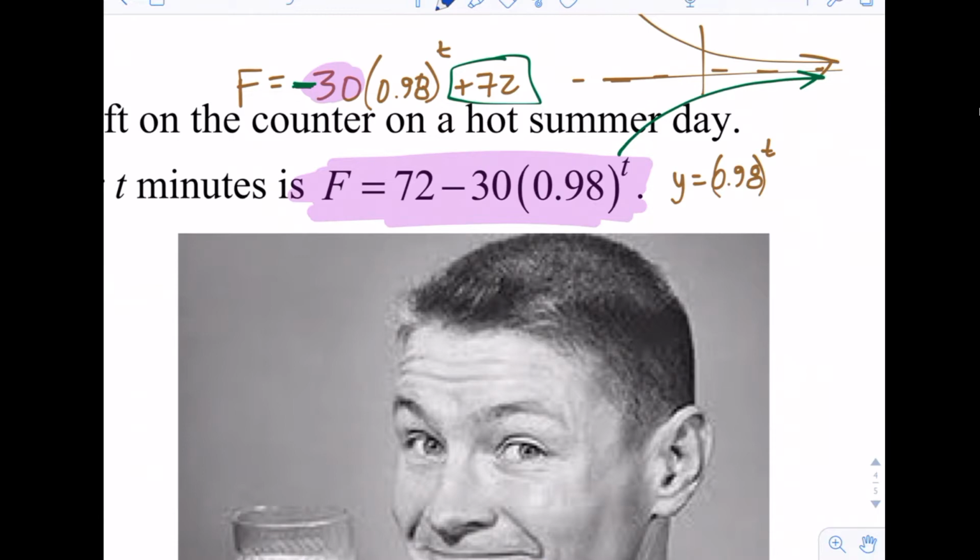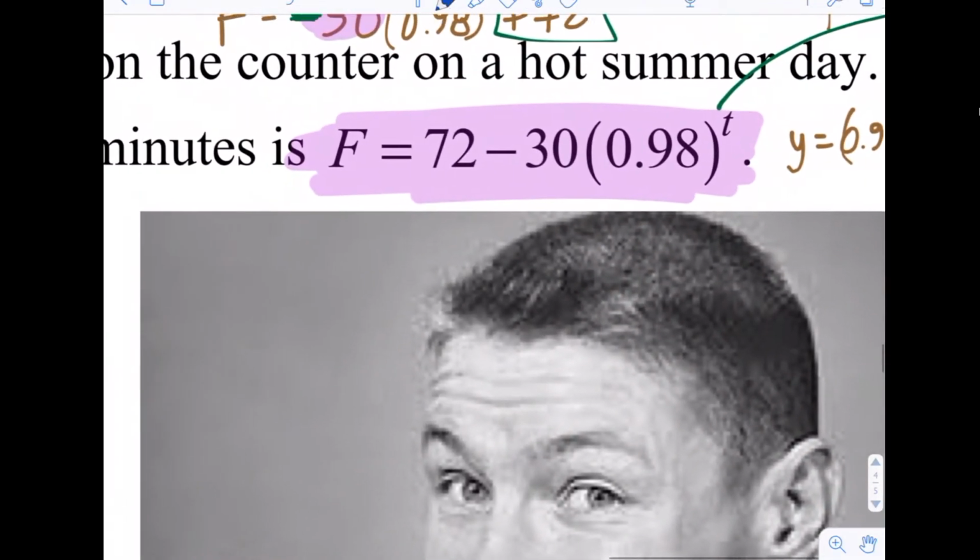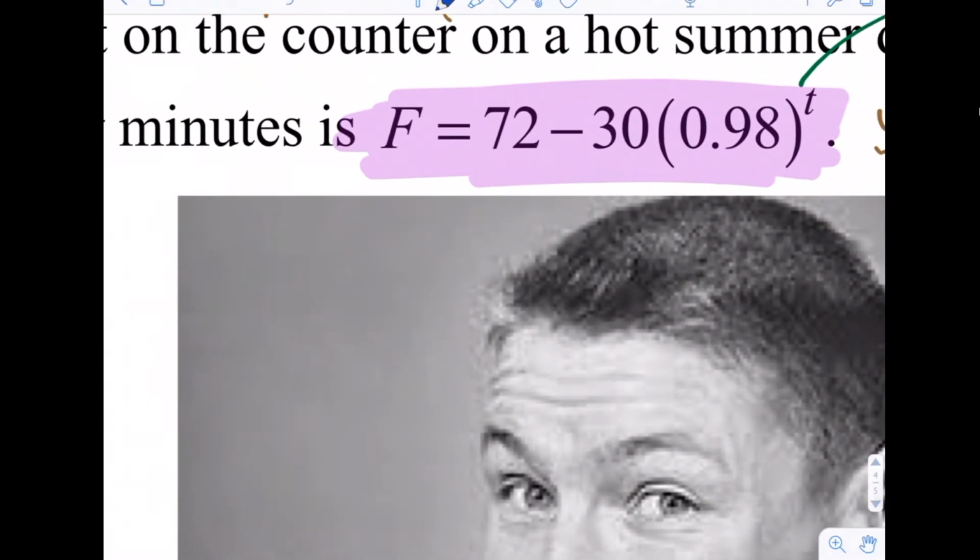So can we also then assume that as soon as we take it out of the refrigerator, at that moment, it should still be the same temperature as the refrigerator? Okay, so if we can find the temperature at t equals what? 0. That should give it to us. So I'm going to go ahead and plug it in right here where I can see. So F of 0 is going to be 72 minus 30 times 0.98 to the 0th power.